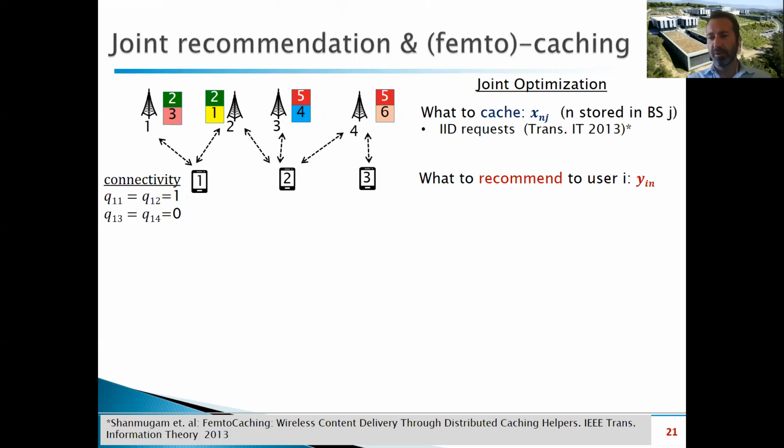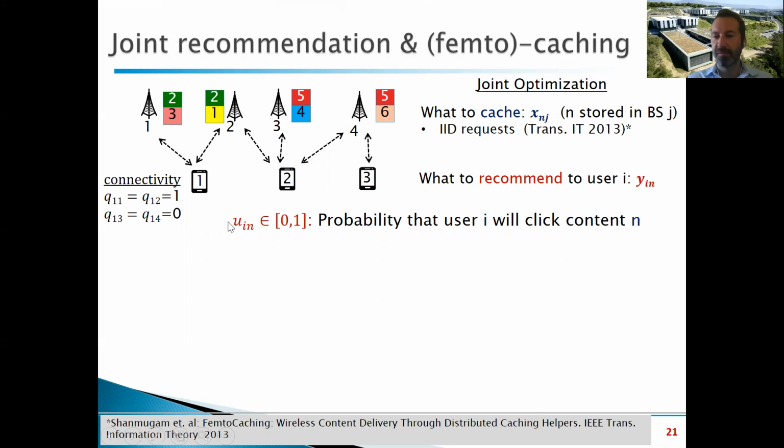And the question that we wanted to figure out is, what if in this problem, we introduce an additional control variable, which is the recommendation. So let's say now that we have, again, the recommendation variables, in addition to what is cached in each of these caches. We have a recommendation variable that tells us whether we will recommend or not content n to user i. And on what grounds are we going to make this decision?